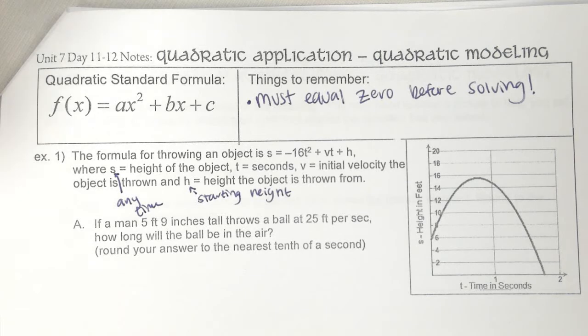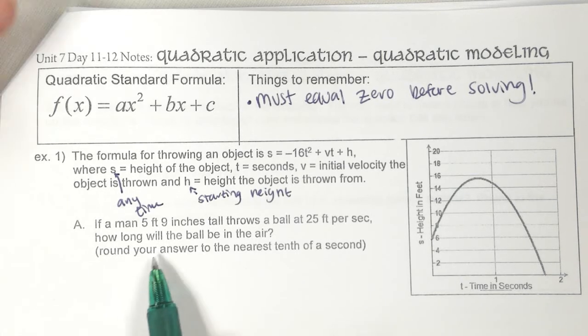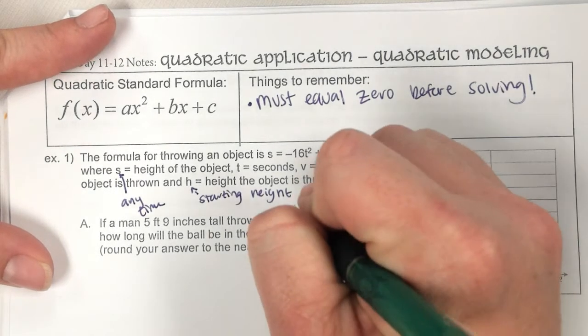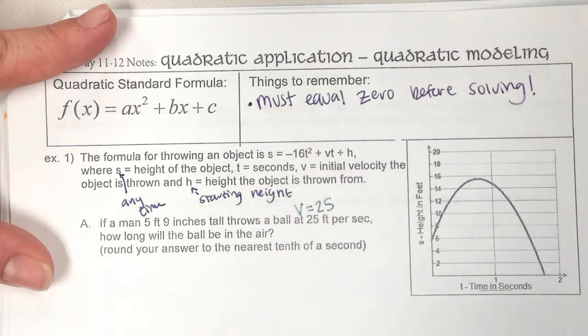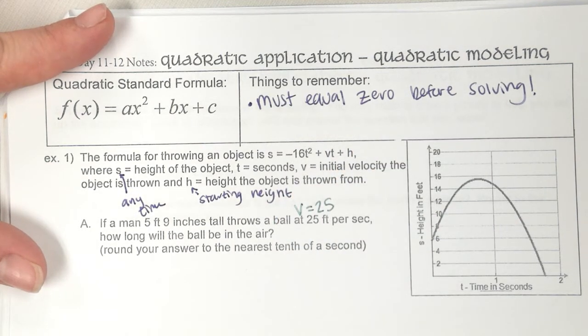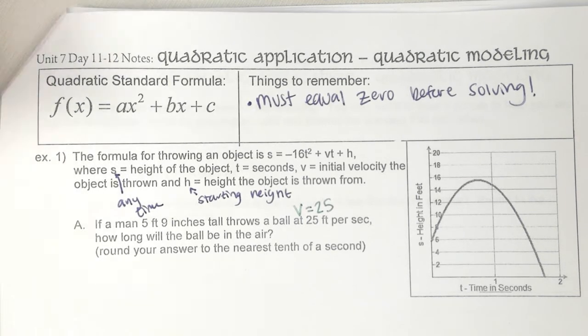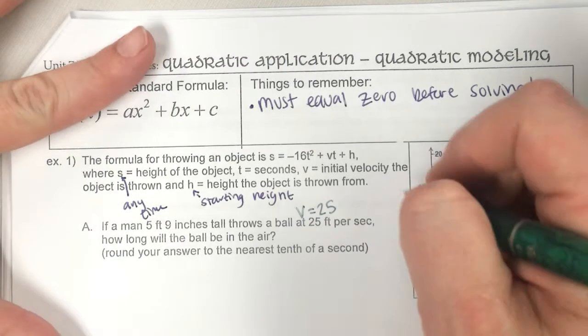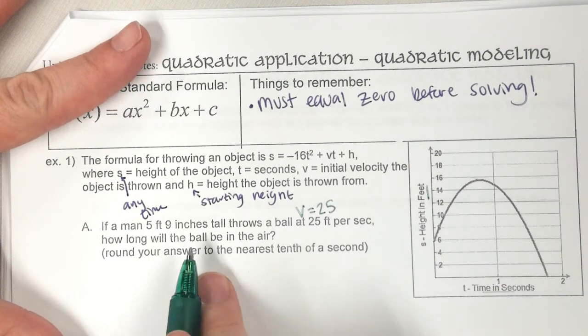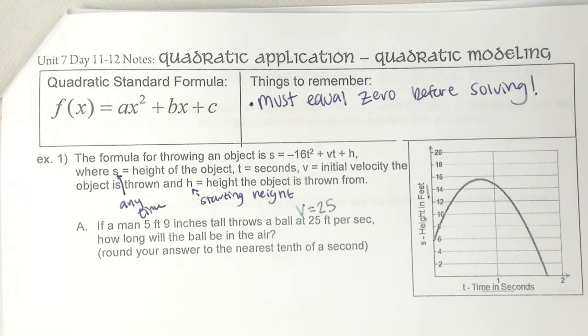Okay, it says if a man is 5 foot 9 inches tall, throws a ball at 25 feet per second, how long will the ball be in the air? Well, I want you to know his velocity is 25. And if a man is 5 foot 9 inches tall, isn't that the starting height? Yeah. Okay, but the issue is I need it all in feet, not feet and inches. So how would I turn that 9 inches into a decimal?